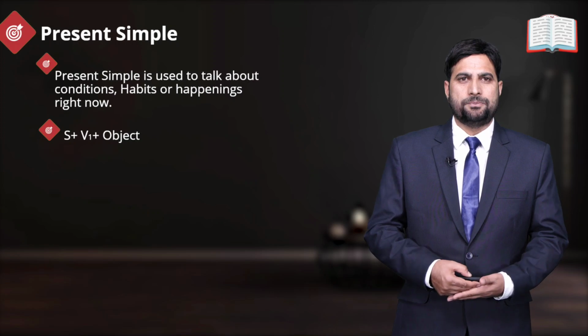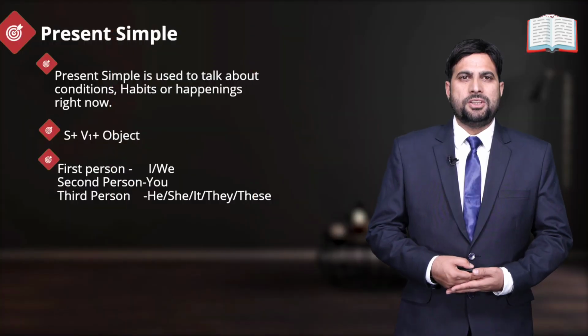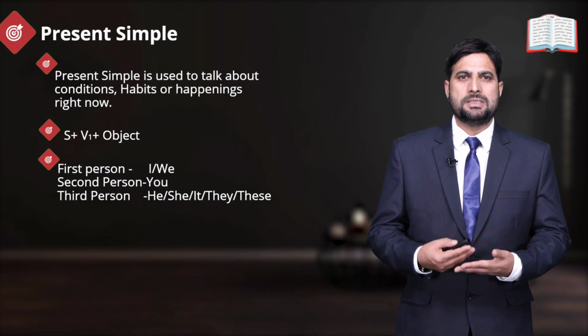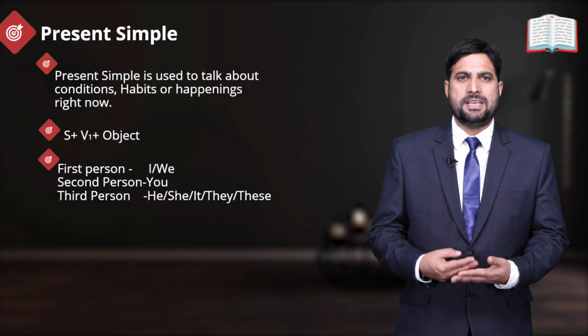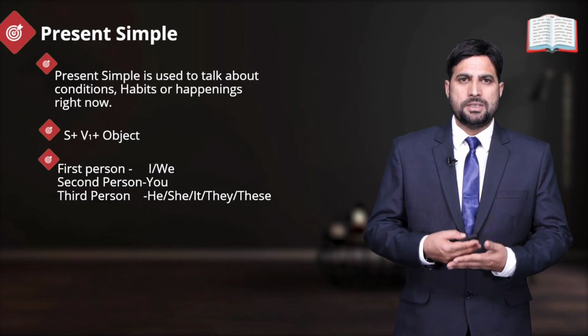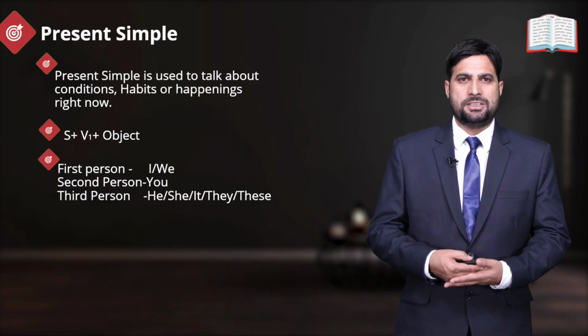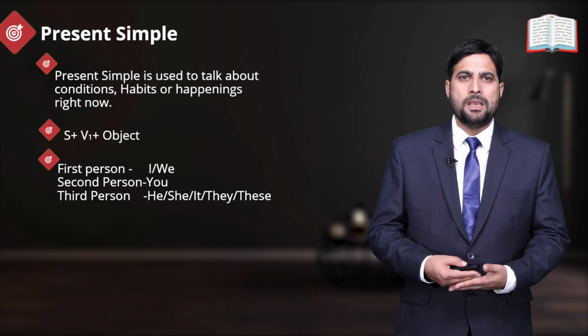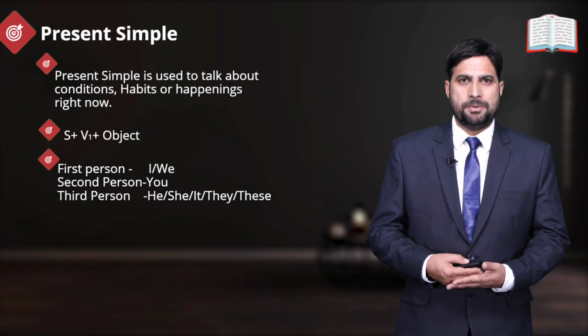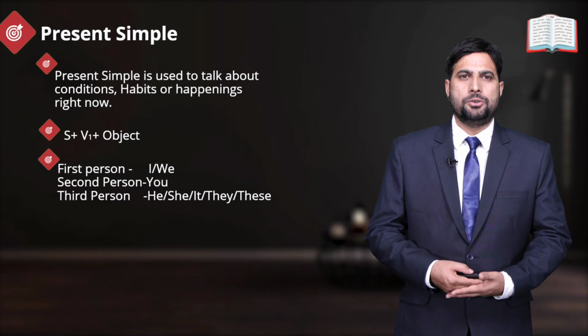What is subject? Subject can be three persons: first person, second person, or third person. First person means I or we. Second person, you. Suppose this time I am delivering a lecture and you are listening to me. So you is second person, the plural of you is also you.